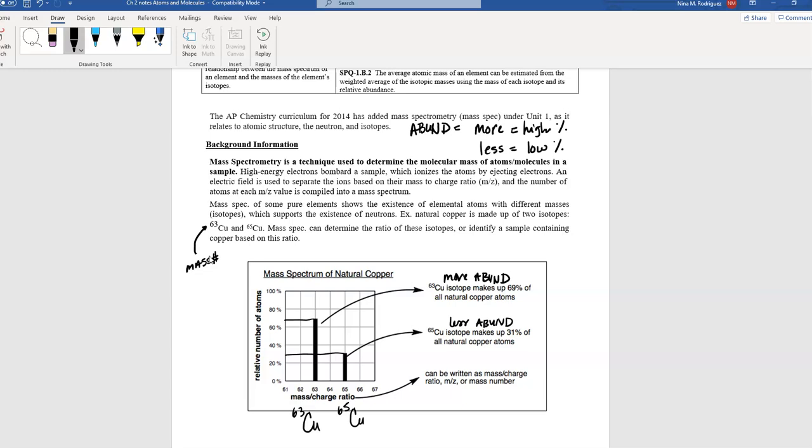If you look at the periodic table for copper, the average atomic mass is around 63.5 AMU. That should make sense: if there are only two isotopes, but the average between them is 63, that average should be very close to the isotope that's most abundant. So that's how you read a mass spec graph.